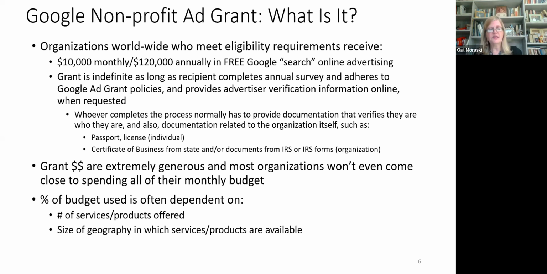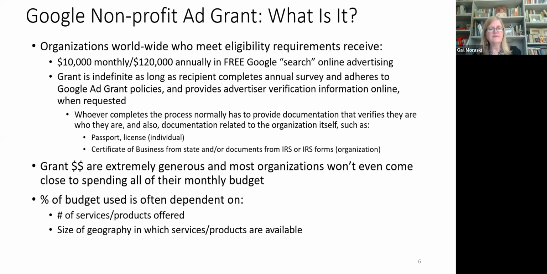And basically, the grant is indefinite. Once you get the grant, as long as you adhere to the policies and procedures that you're asked to with the Google ads, you won't have to apply for it again. I know organizations who have had the grant in place for 10 or 15 years or more.